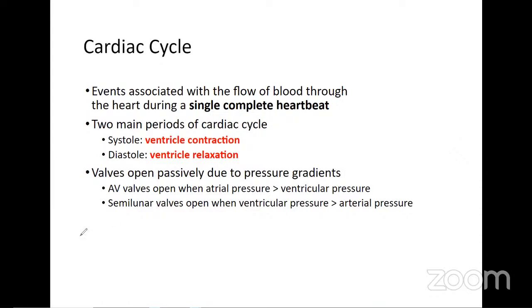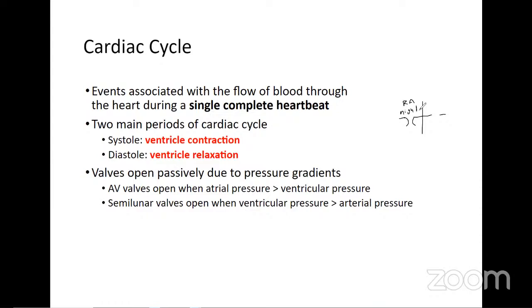So if we're thinking about an AV valve, an atrioventricular valve, okay, I'll draw it a little different this time. So we've got these doors basically between our atria and our ventricles, right? So when we have a high pressure in, let's say, the right atrium, high pressure.